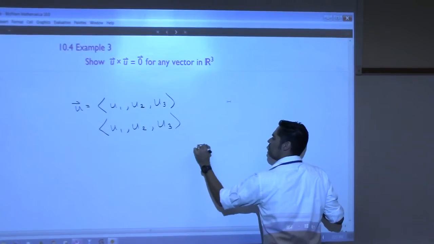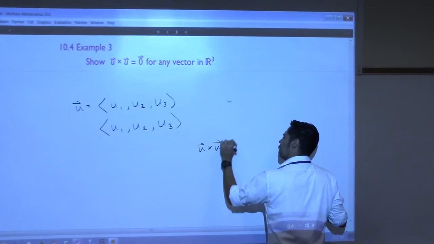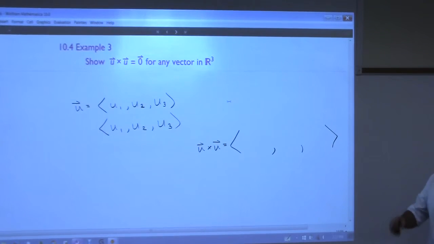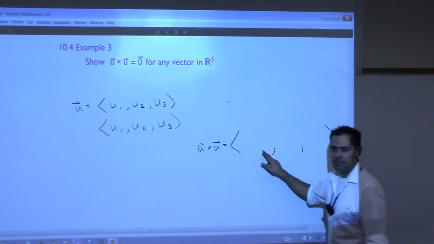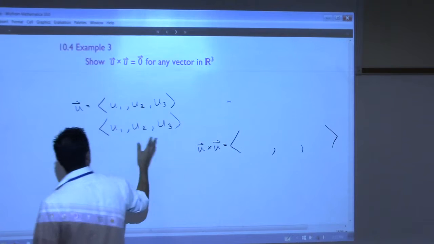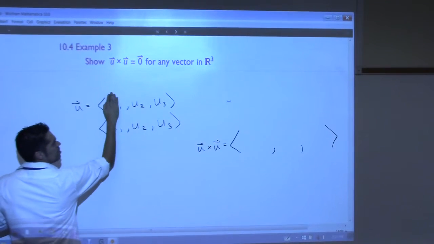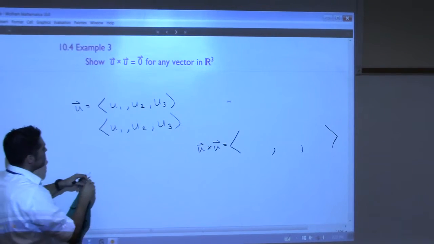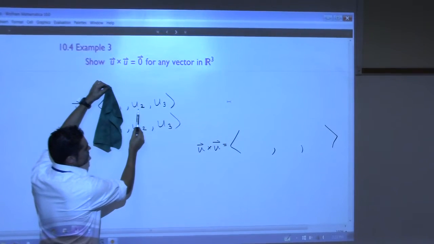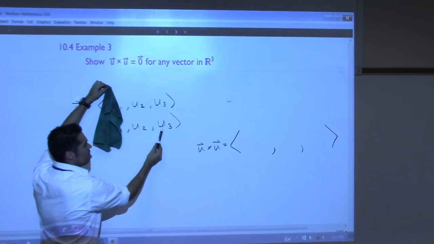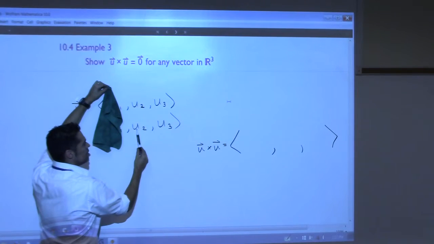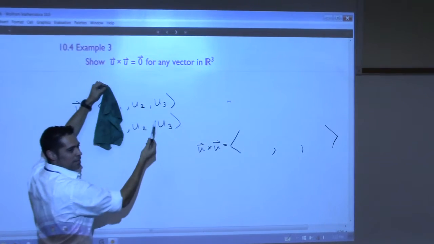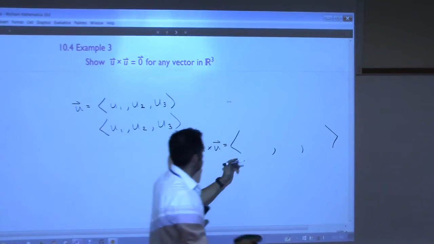So what is u crossed with u? We have 3 components, don't we? The first component you get by covering up the first column, right? This right here. And then doing your little determinant there. So what would we get? u2 times u3 minus u2 times u3. Same thing, which is 0.